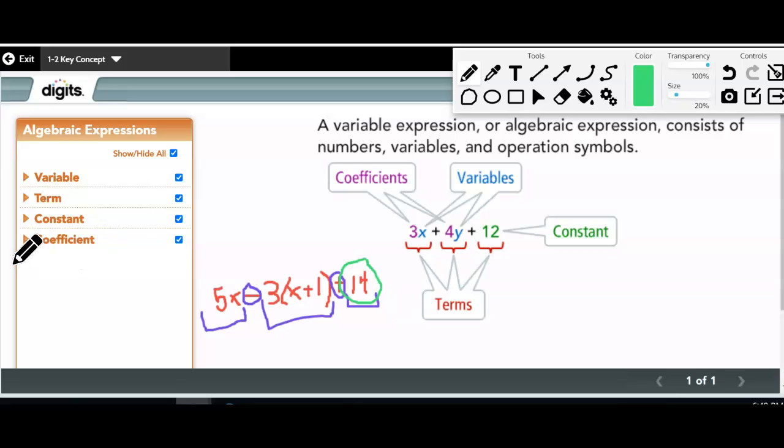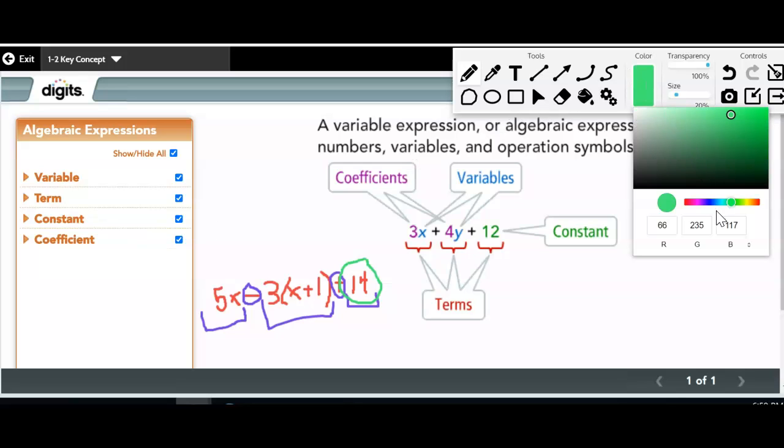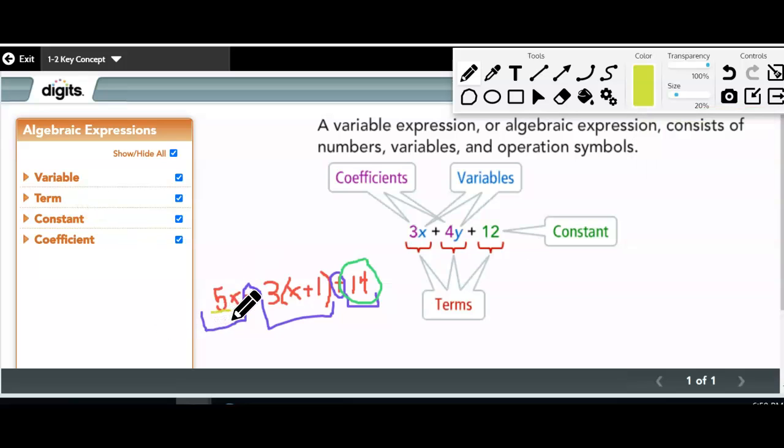Okay, the coefficient now. Remember, that's the number in front of the variable. So the number in front of the variable, the coefficient, we have 5. 5 is a coefficient. We have another variable here. It's just x. So how many x's do we have?